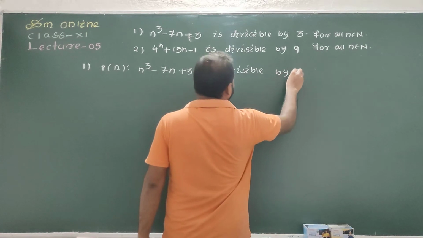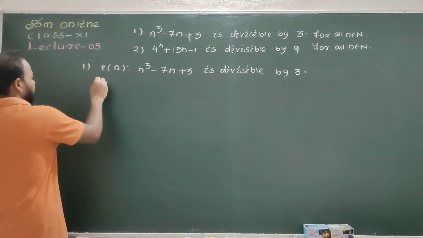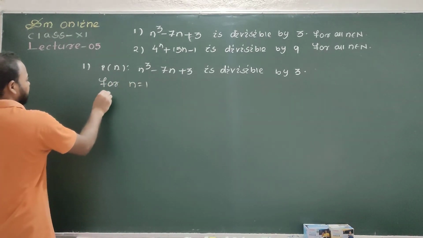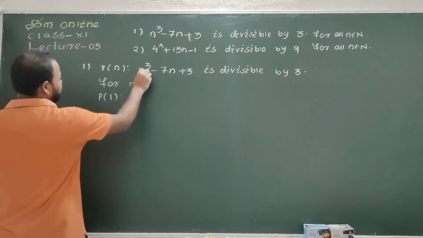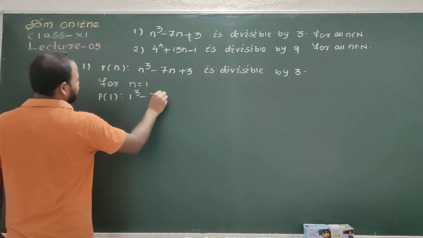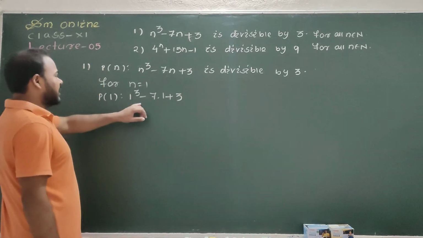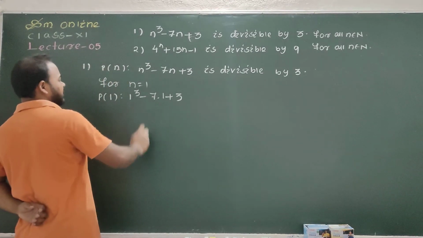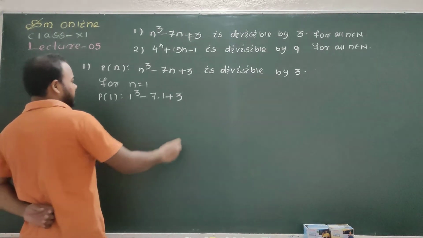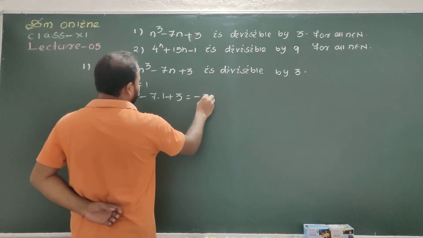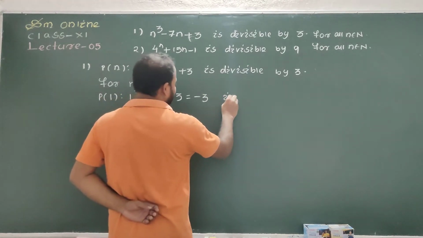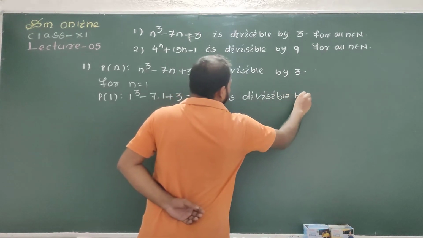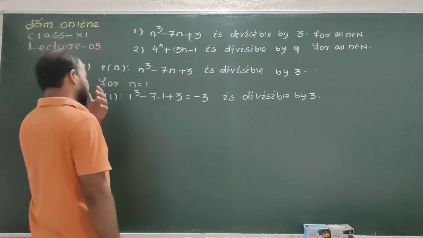Now for n equal to 1, that is P(1): this is 1 cubed minus 7 into 1 plus 3, which is 1 minus 7 plus 3, which is minus 3, and it is divisible by 3.